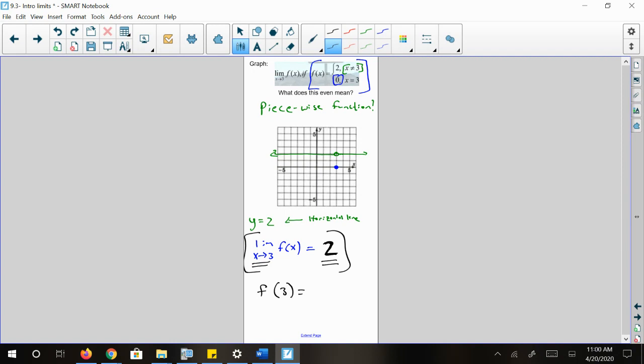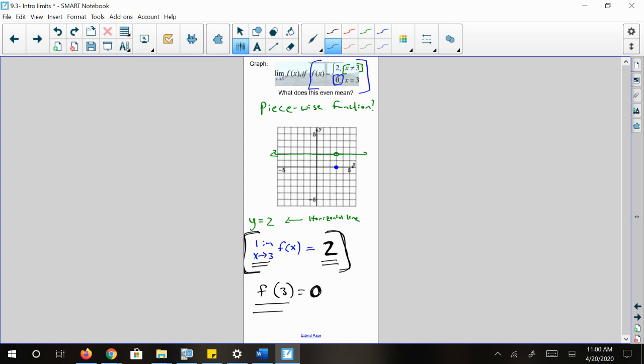Well, this is a completely different question because this doesn't say what's happening around x equals 3. It says what's happening at exactly x equals 3. And this has a different answer because when x is 3, y is 0. Okay. So it depends on what's being asked of you. If you're looking for the limit, you're trying to figure out what's happening around it. If you're looking at notation like this, it means what's happening exactly at that point. Those two things can be different and the limit can still exist as we see in this problem.